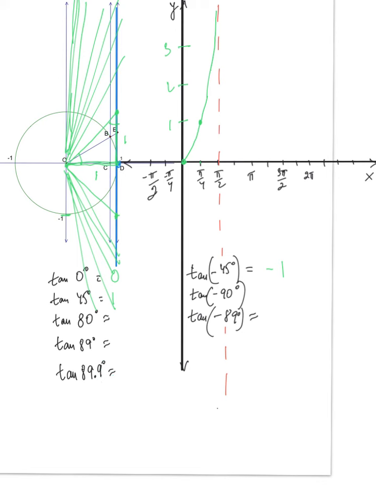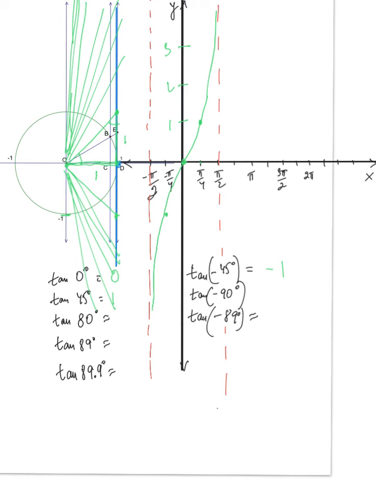So for negative pi over 4, once again, we have negative 1 value of tangent, but as we keep moving, our y values become increasingly big and negative, and we need to draw our new asymptote at negative pi over 2, which is our virtual boundary. And that's how the graph looks.